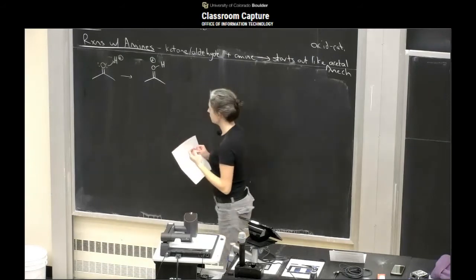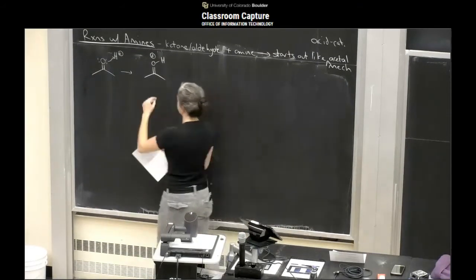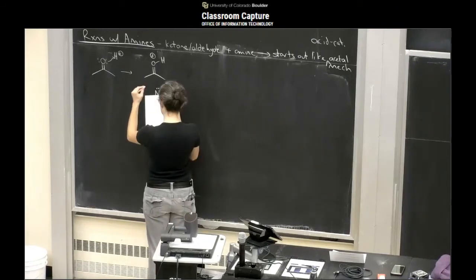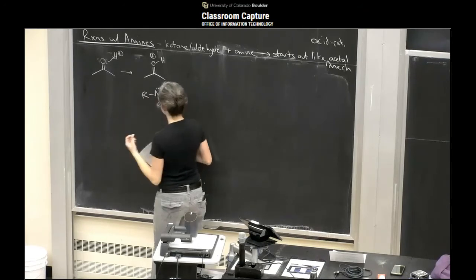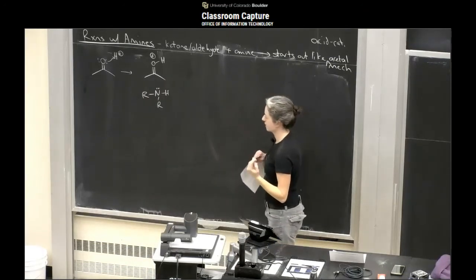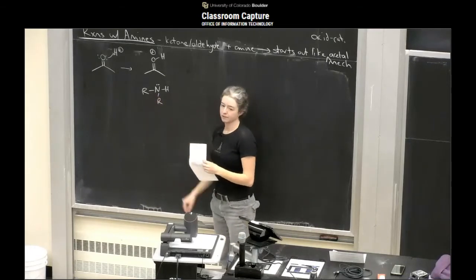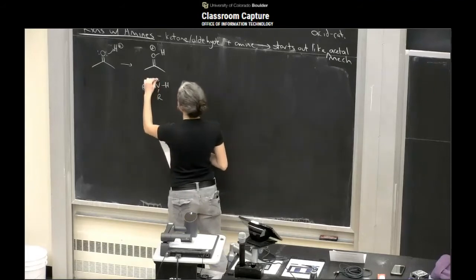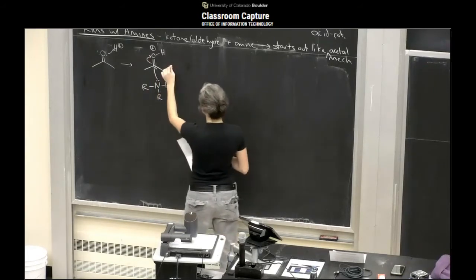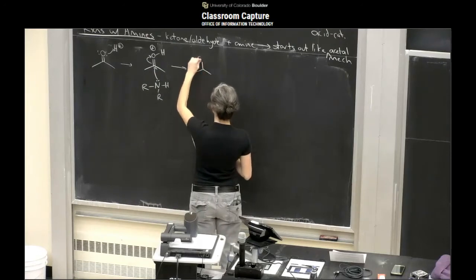Okay, so we get our protonated carbonyl. It's more electrophilic. And then just like we did with an alcohol, we can have some amine of our choice. And I'm just going to call it a secondary amine, like something with two R groups on there for the time being. You can have that come in just like ROH would have done in the last set of reactions we looked at.